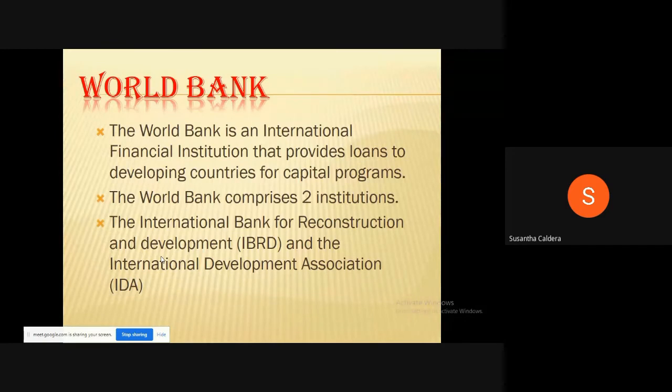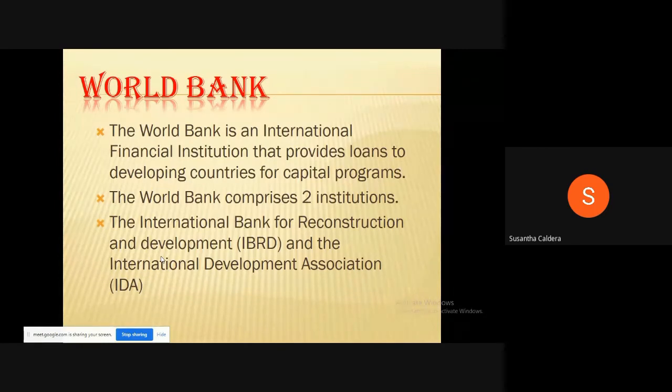The World Bank comprises two institutions. One is the International Bank for Reconstruction and Development, IBRD. IBRD is the World Bank. International Bank for Reconstruction and Development. That is the main World Bank. And the International Development Association, IDA.